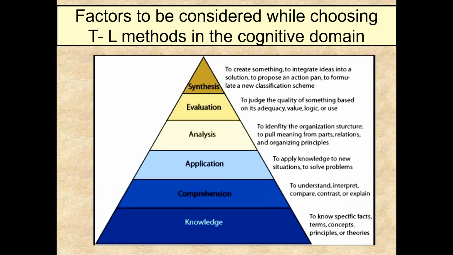Now, this is the Bloom's taxonomy, the higher orders of the cognitive domain. So when you're choosing teaching learning methods of cognitive domain, let us see what are the levels in the cognitive domain. That is knowledge, just know specific facts or terms. That is something a recall. Then comprehending, you are comparing or contrasting.